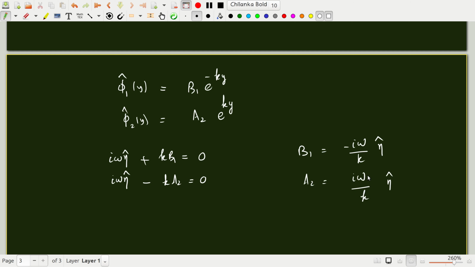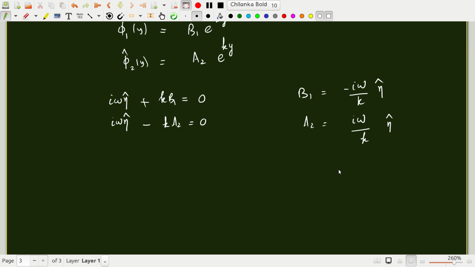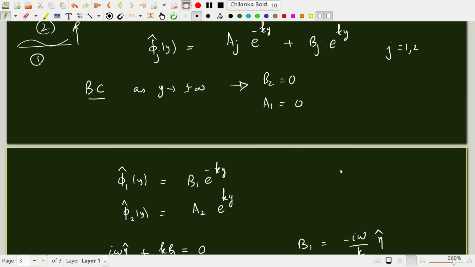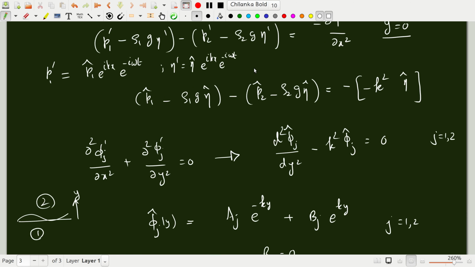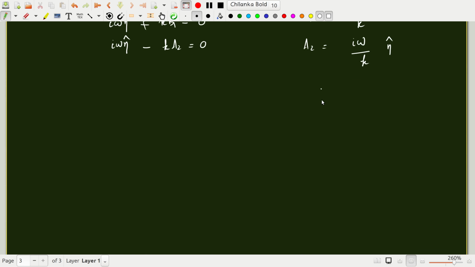Now all I have to do is substitute all of this in the linearized normal stress balance, but in order to get there I need to get the value for pressure. The pressure is related to the velocities. In the previous module we had discussed that the pressure is related to the velocities via the Bernoulli equation.